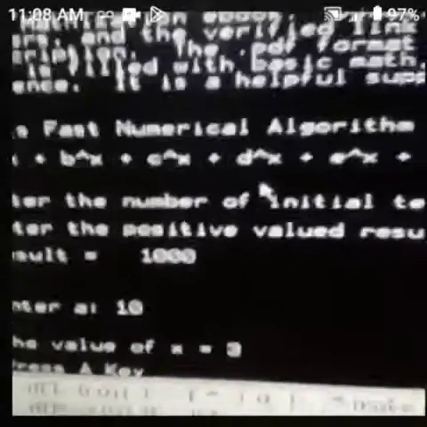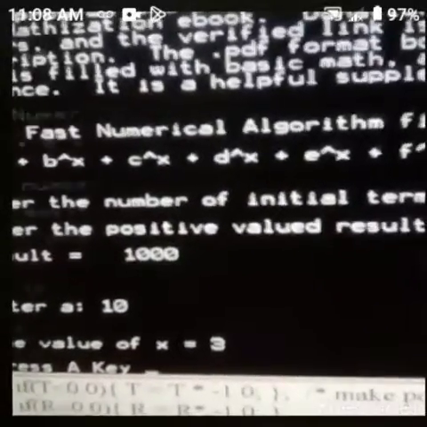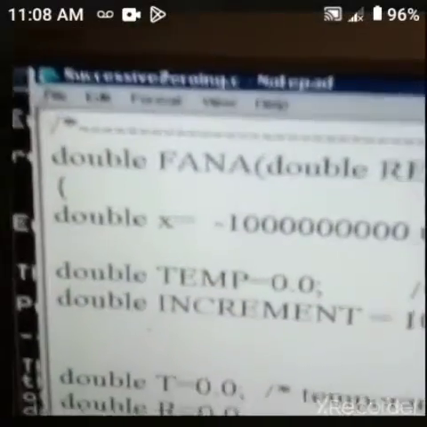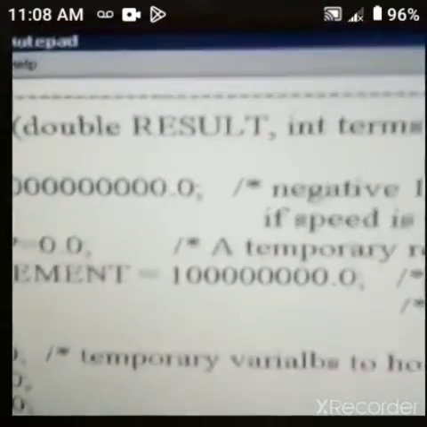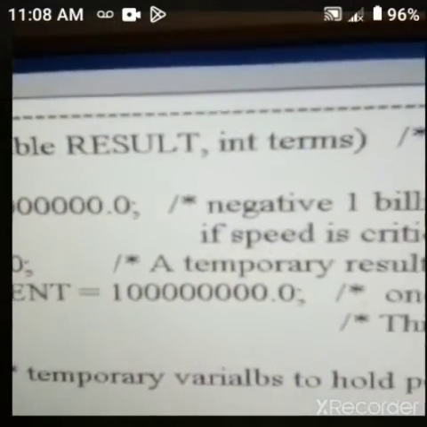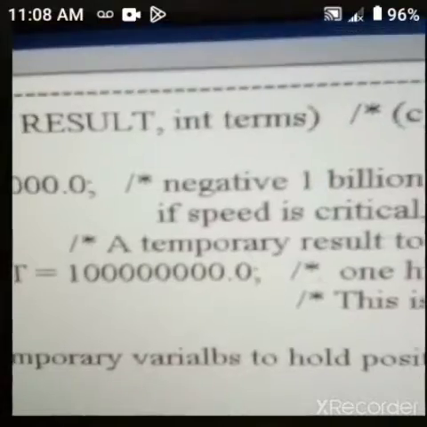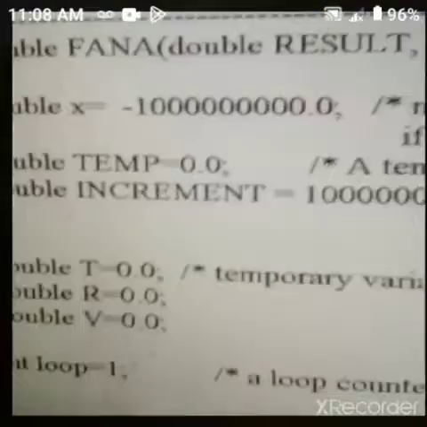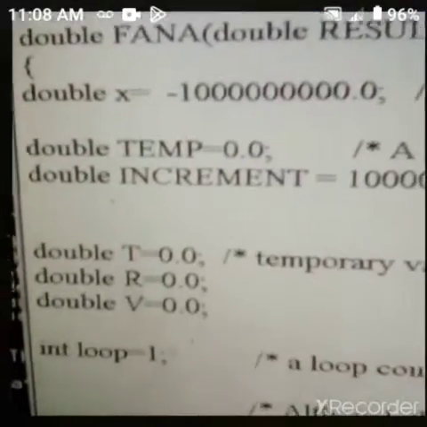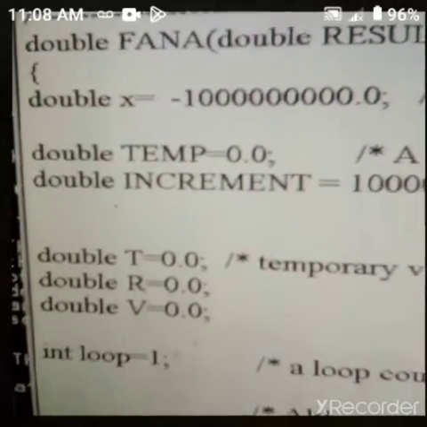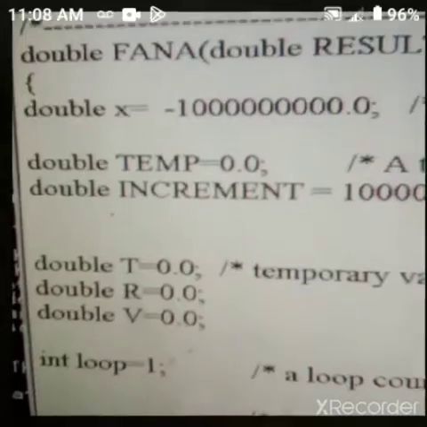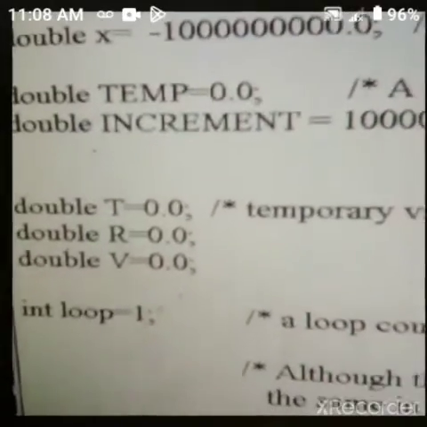So I'll try to show you the actual algorithm here now. It takes the number or the result of the expression, how many terms you want to use. It's up to 10 I have it set for, so that's probably more than enough. So x starts at a very low value, the exponent, and then it increments.